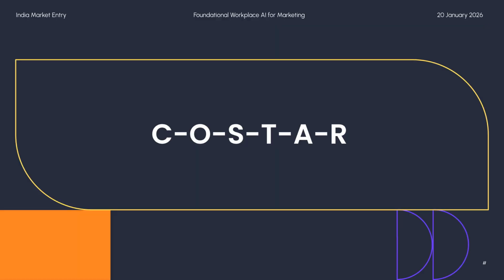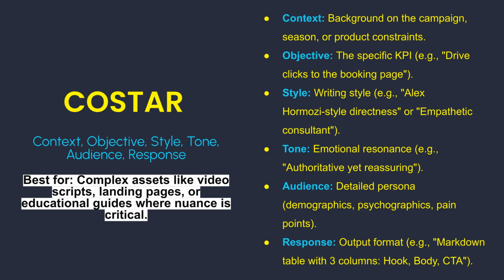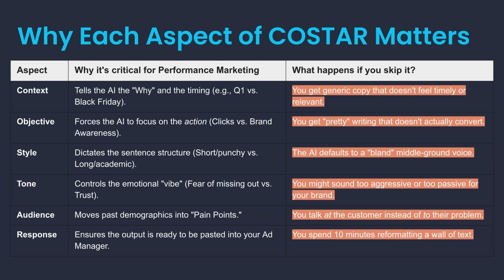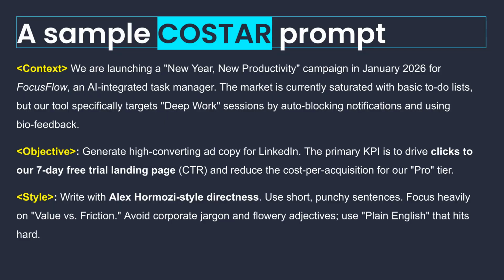Third, the COSTAR framework. COSTAR represents context, objective, style, tone, audience, and response. It's best for complex assets like video scripts or educational guides, where detailed nuance is crucial for success. This framework breaks down the necessary inputs to guide the AI effectively for high-stakes content. Here is the beginning of a COSTAR prompt for a LinkedIn ad.